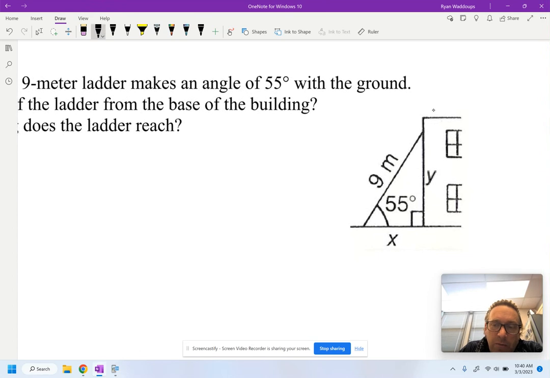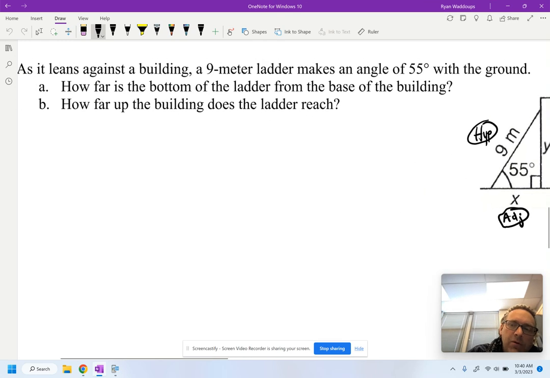I know my 55 degrees is right here. That means the side opposite the right angle is always the hypotenuse, and the side right next to the angle is the adjacent side. Right at this instant, I'm not concerned with y.